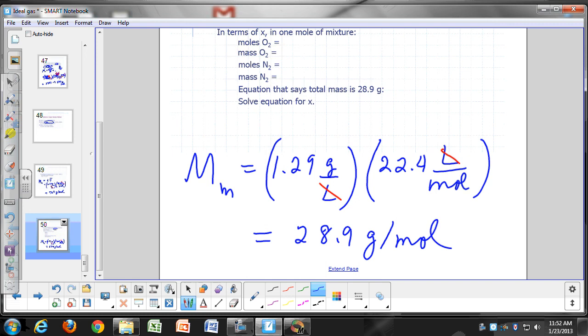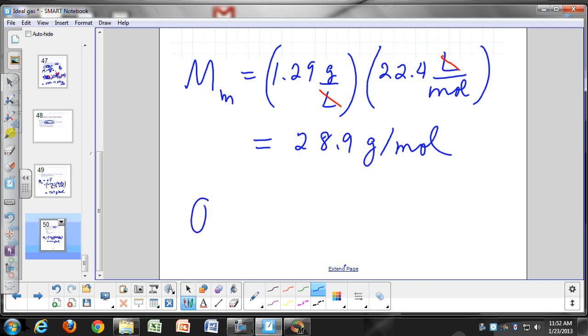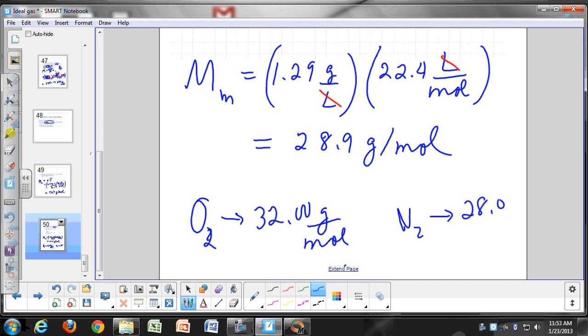Okay, how do we figure out how much of that is N2, how much of that is O2? Well, you need to realize that O2 has a molar mass of how much? 32 grams per mole. And N2 has a molar mass of 28 grams per mole.